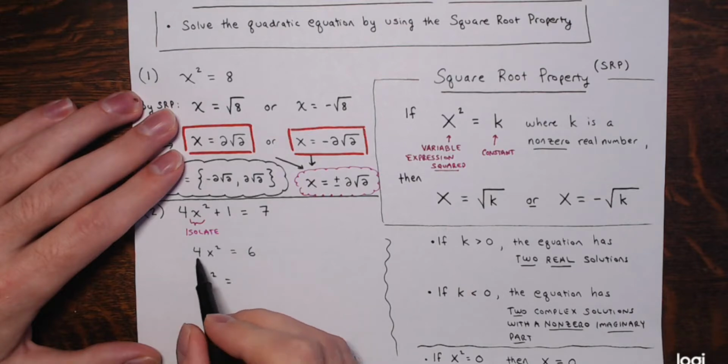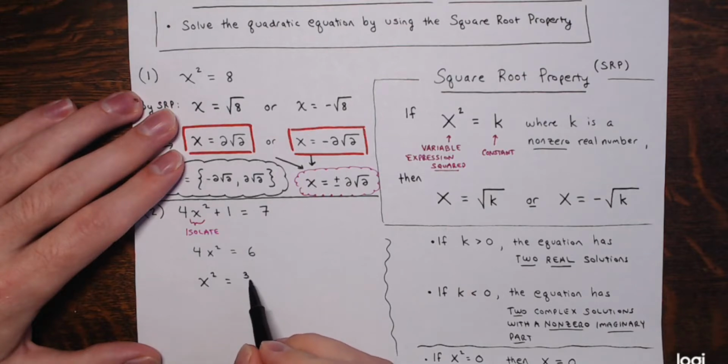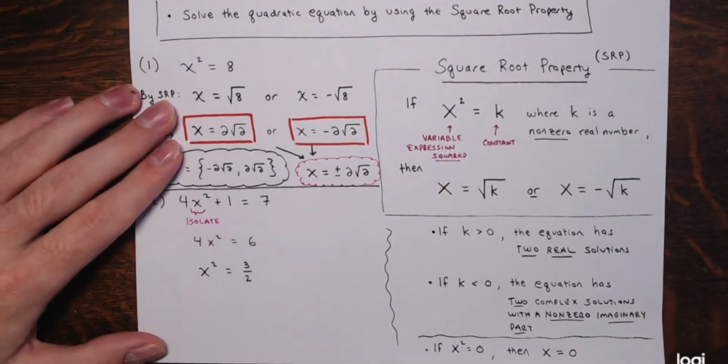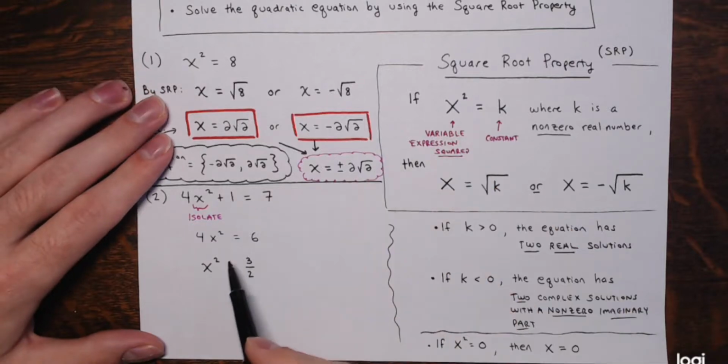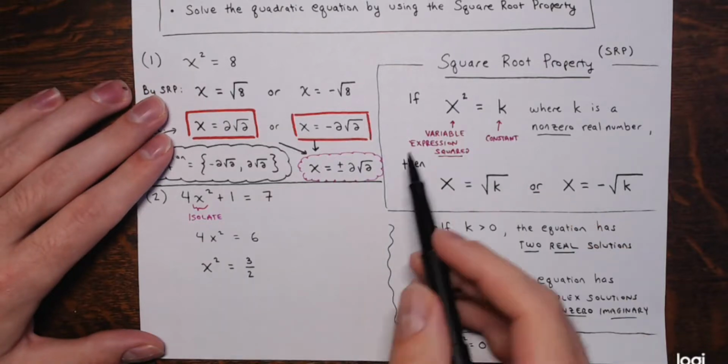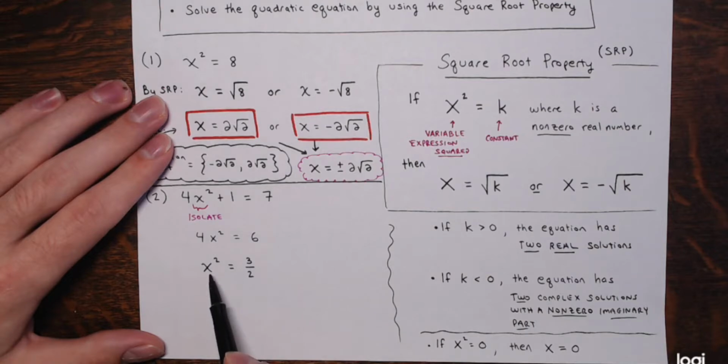Now 6 divided by 4 reduces to 3 halves, or 1.5 if you want to write that. And now I have an equation that's in the form that I want in order to be able to use this square root property. A variable expression squared equals a constant.